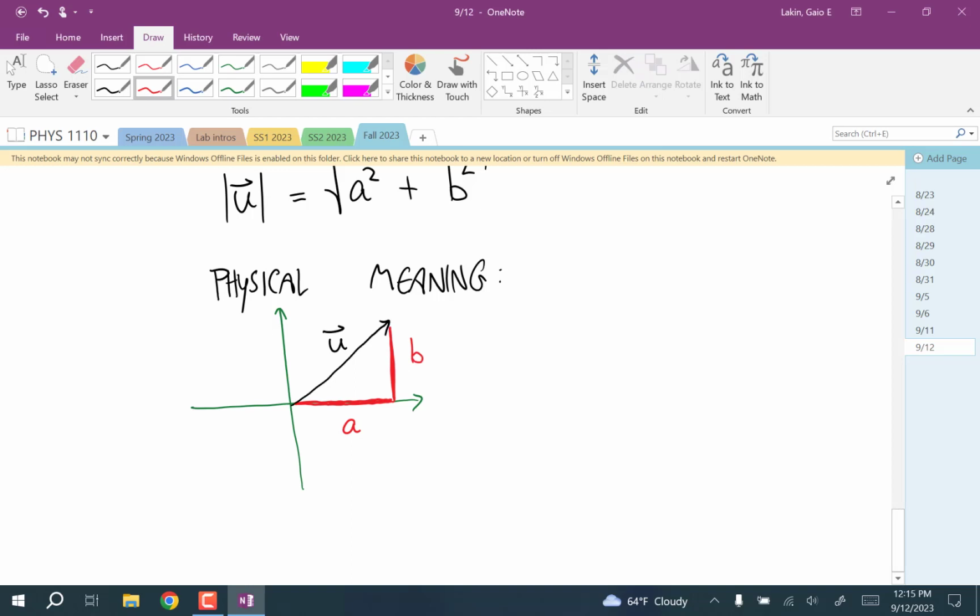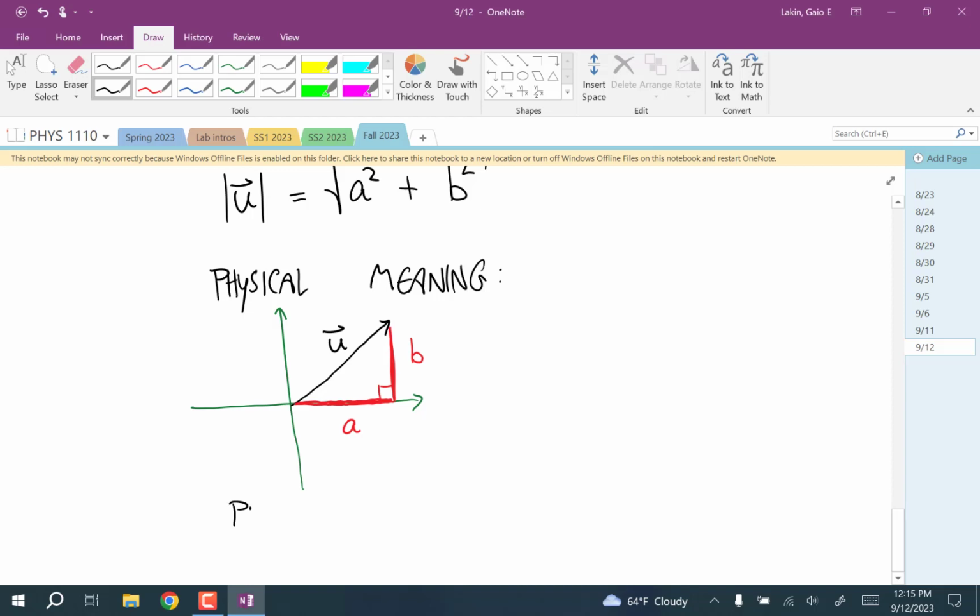Well, now you can see why the Pythagorean theorem gives you the magnitude of that vector. If the components are a and b, they form a right triangle with the vector itself, and the magnitude, the length of the vector itself, is the length of that hypotenuse. Okay?